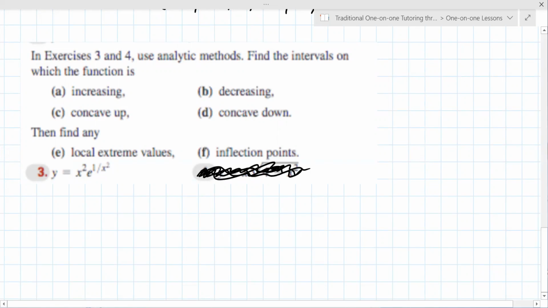Okay. Well, this question here, question 3, has a bunch of parts to it. Basically, you have to be really strong at finding your first derivative and then your second derivative.